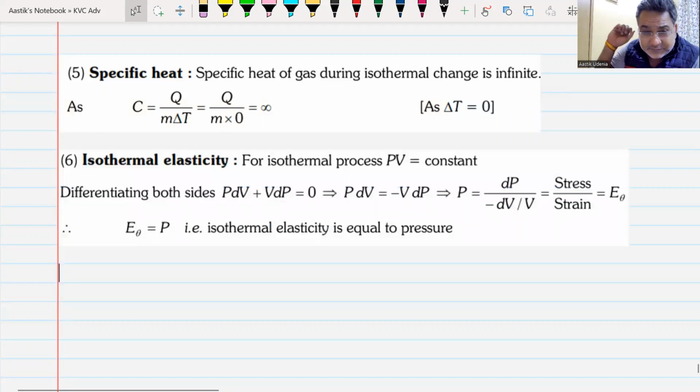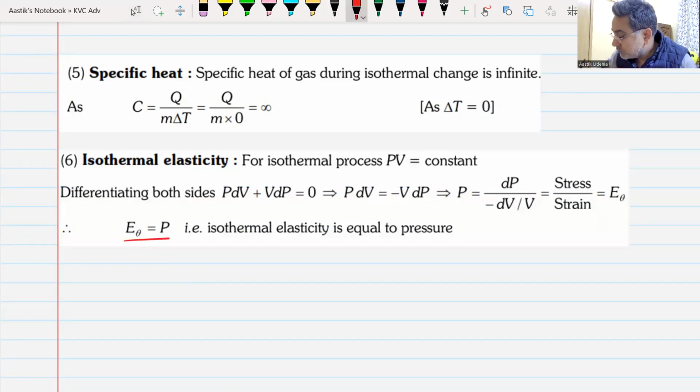Isothermal elasticity is P. Remember that speed of sound? Do you remember that speed of sound? Yes, sir. The speed of sound is root over E by rho, where E, I told you, was the modulus of elasticity; for a solid it was Y by rho.